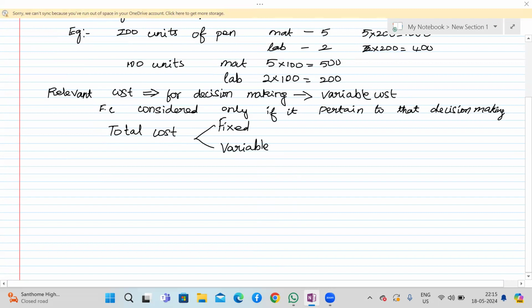For example, if I am paying rent of 1,000 rupees, even if I am producing 100 units or 500 units, rent will be 1,000 rupees only. So this is called fixed cost. Fixed cost in total remains constant.